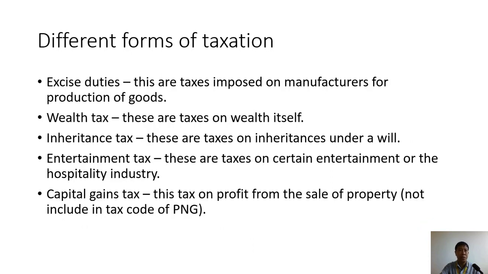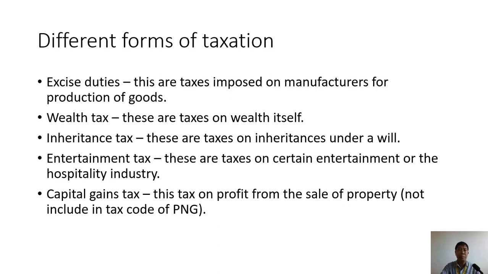We also have excise duties. These are imposed on manufacturers of products or production of goods. Wealth tax. This is a tax that is imposed on the wealth itself. So it doesn't focus on how much it is earning. It is focusing on the value of the property itself.